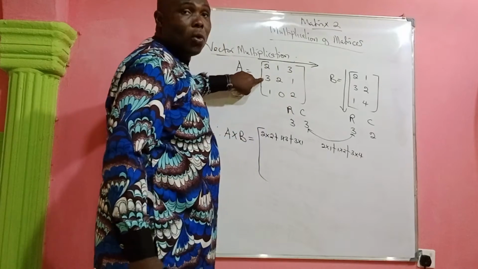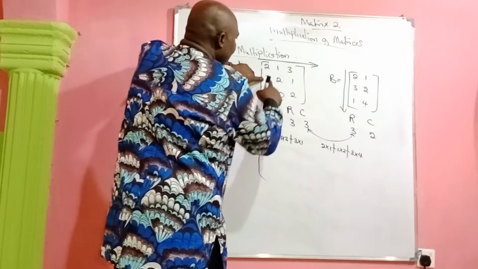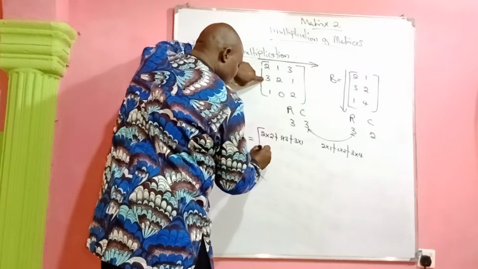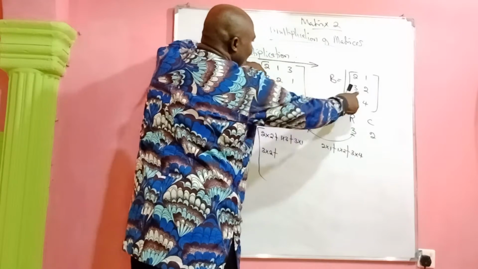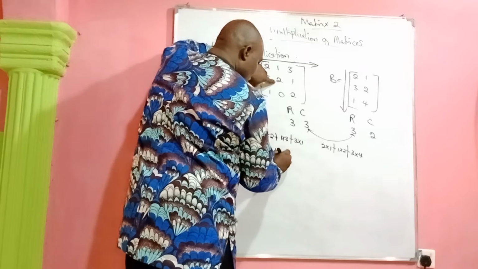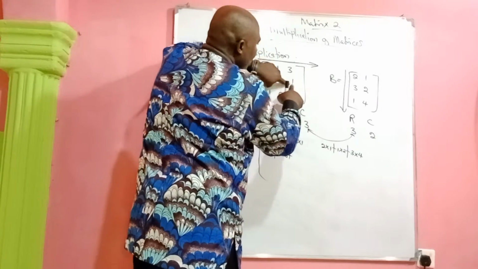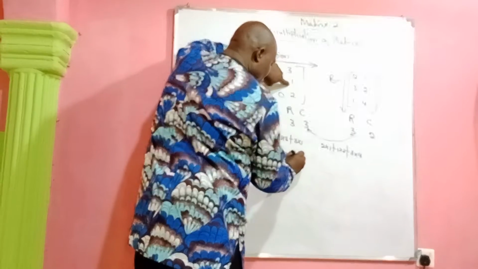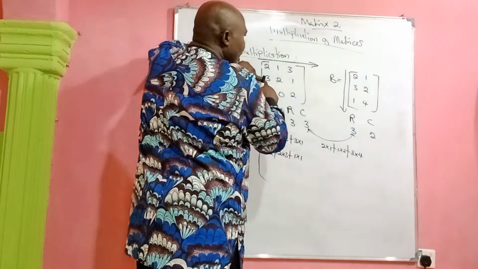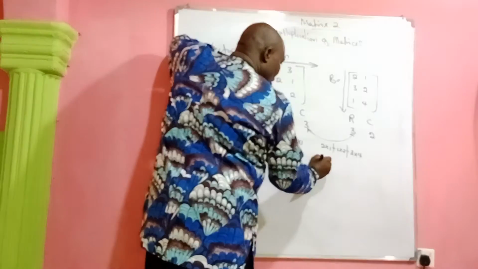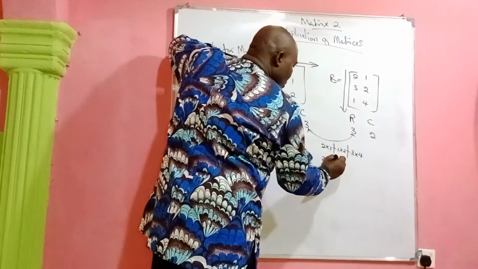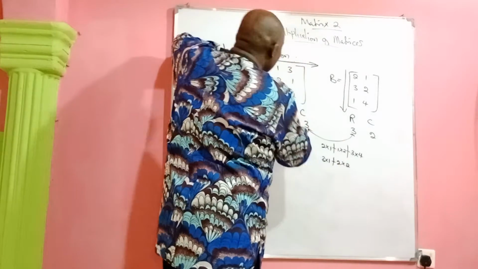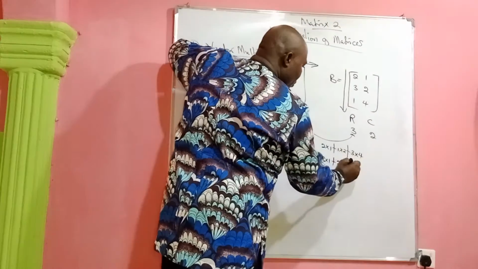I'm taking the second row. So I take a step down. 3 times 2. 2 times 3. 1 times 1. I take it backward. 3 times this other one, 2 times 2. And then 1 times 4.